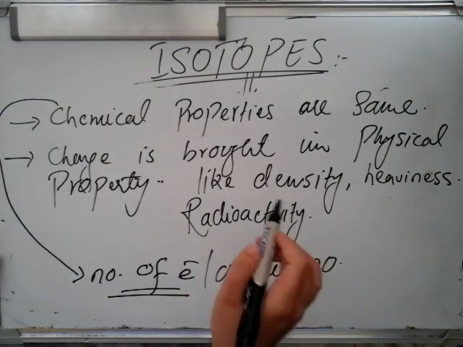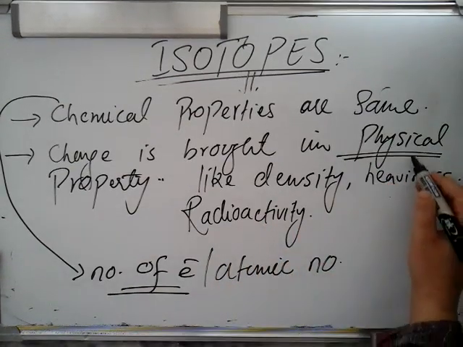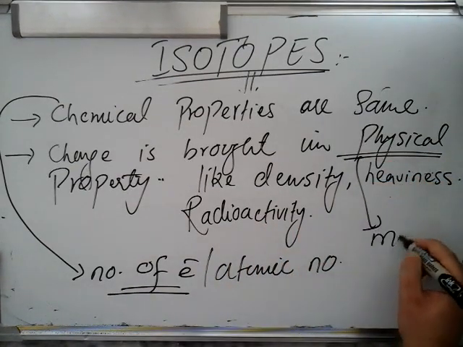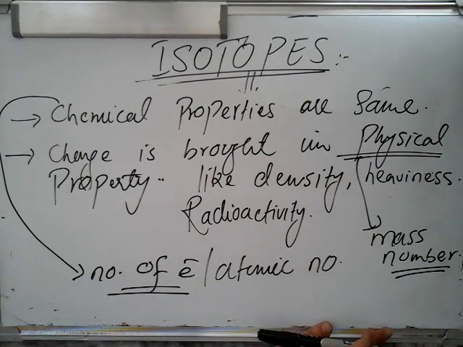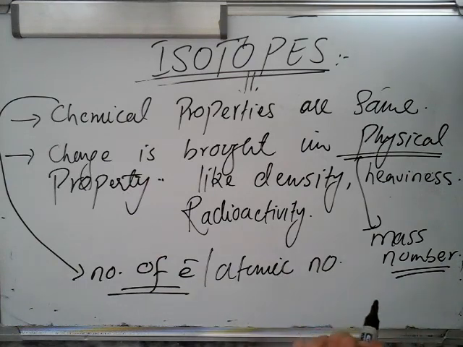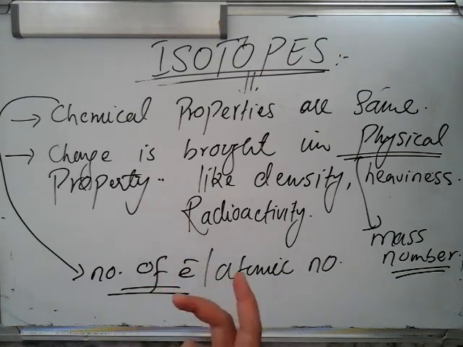Why? Because the physical property depends upon the mass number of the atoms. The mass number defines the physical property of the atoms, while the atomic number describes the chemical properties of the atoms. Keep in mind this point.